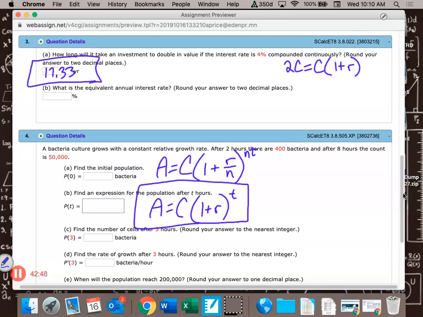So it's whatever time you got in part A. Be careful because when you put it in your calculator, don't round it. Put in the whole decimal. All right, what happens to the C's? They cancel. So you have 2 equals 1 plus R to the whatever time you got from part A.